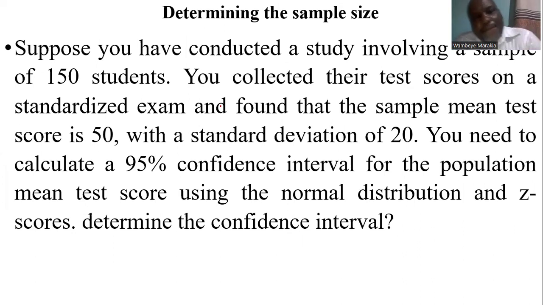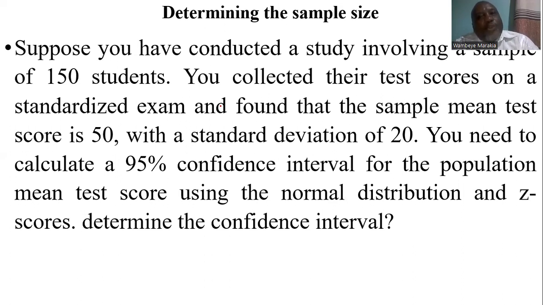I have a question here, which I want us to go through as we come to the end of this lecture. Suppose you have conducted a study involving a sample size of 150 students.